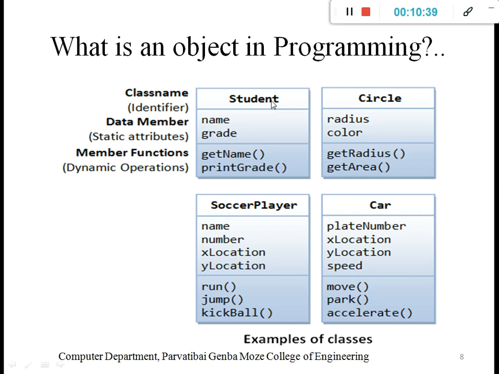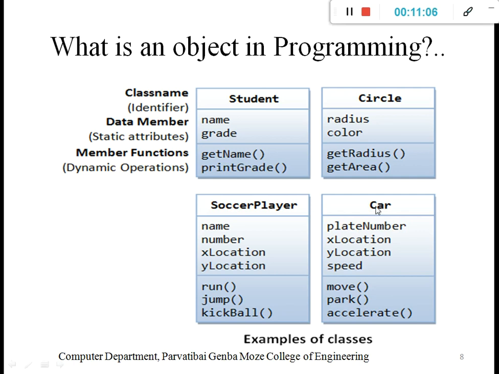If we take a particular student name, then get name is one operation under the student class, and we can say that is one instance of a class, and that definitely runs with the object. That's why it comes under object programming.